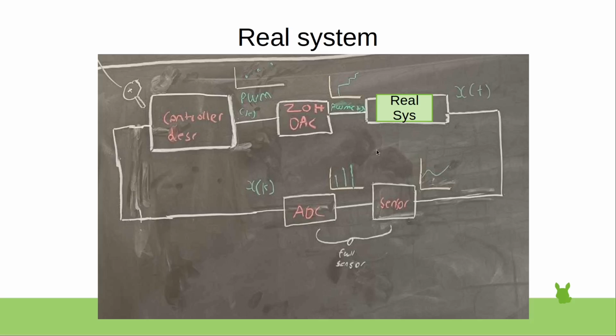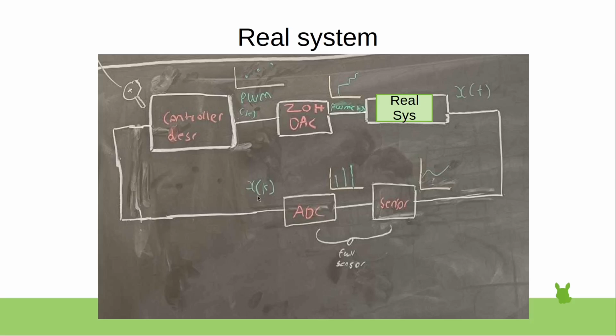So not only do we have a controller that is operating on a clock which is innately discrete, but also we have a sensor that's sampling the analog signal with an analog to digital converter. So actually these two boxes are one. That's going to be the full sensor. I just wanted to stress that there's an analog to digital converter.